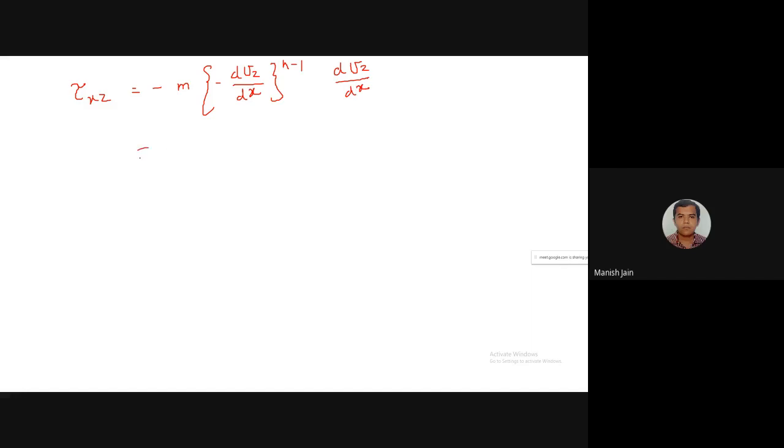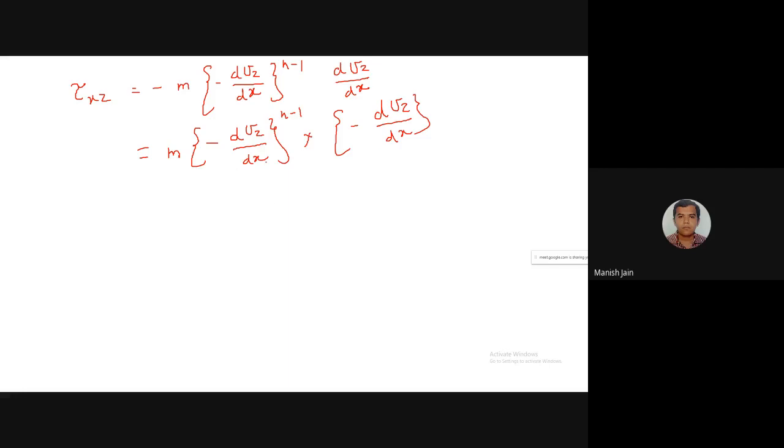Okay, now what we will do, we will take this minus sign with this dvz by dx. So you will get m in bracket minus dvz by dx, because then we have to remove these brackets also. So we will do slightly in the better form, dvz by dx. Okay, this is the multiply.